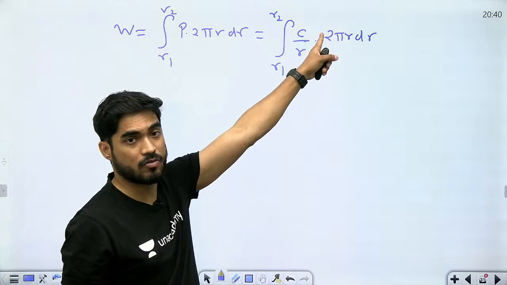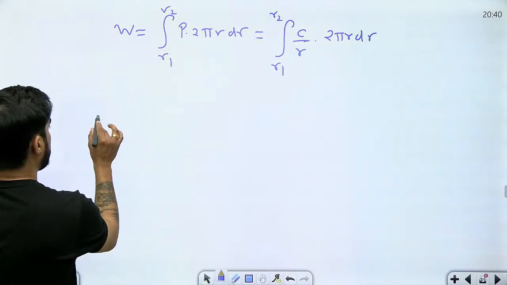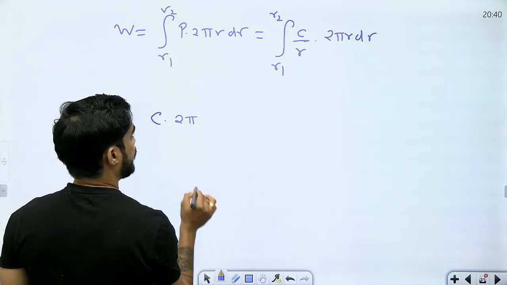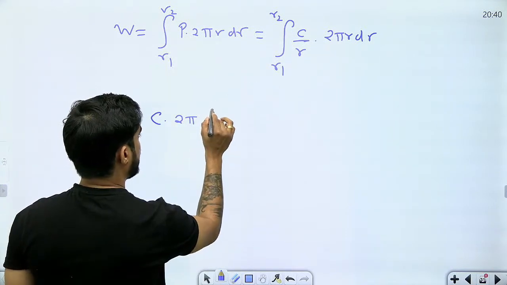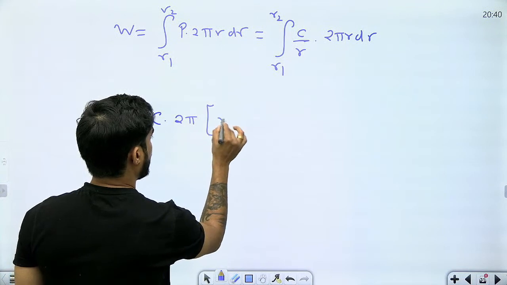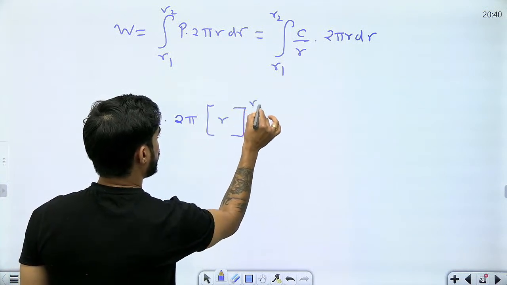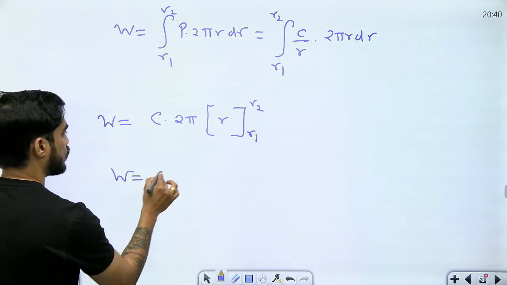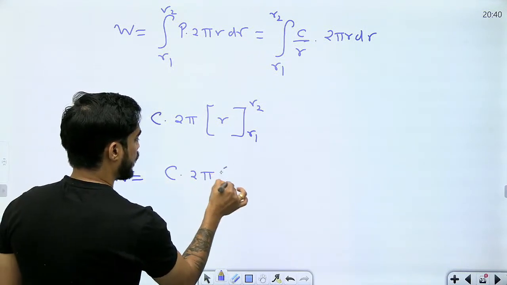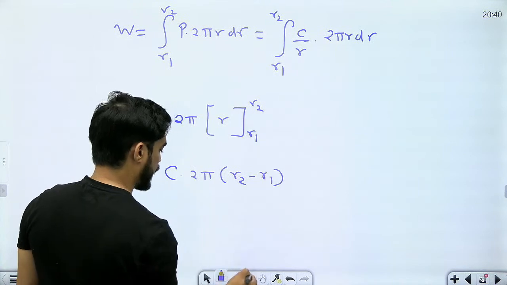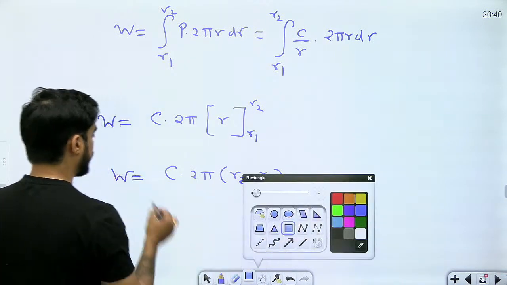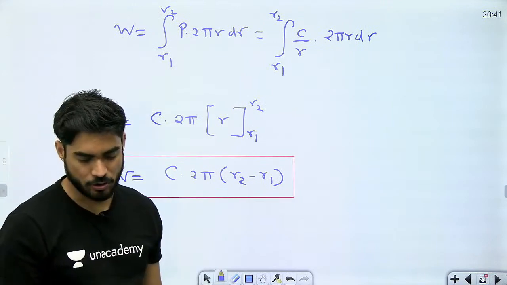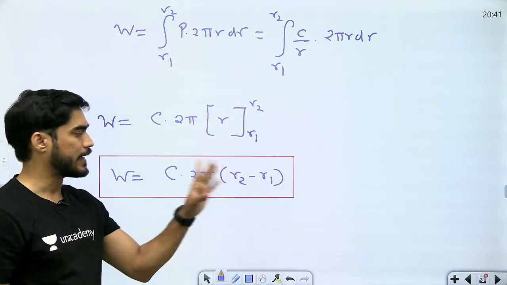C is a constant, so it comes out of the integration, giving C into 2 pi times the integration of dr, which gives R. So W equals C into 2 pi (R2 minus R1).